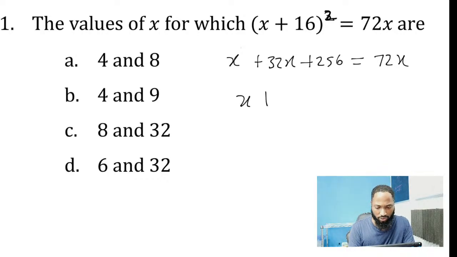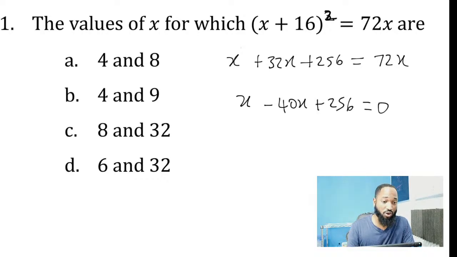Negative 40x plus 256. I hope this could work out and I didn't do nonsense. It's not an inequality, so we can leave this alone. Actually, you could put it in here and just take away the two things in the inequality, but let me do the equation. Calculator time.